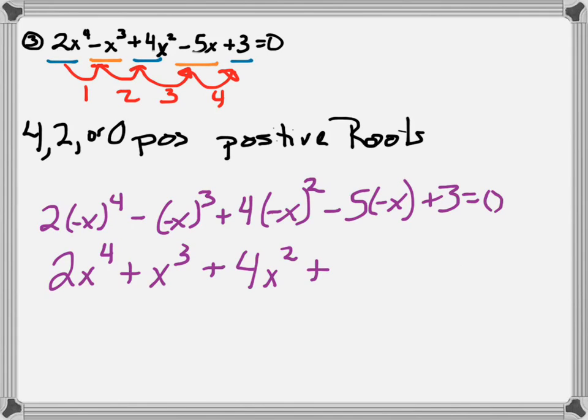It changes because it's an odd power. Because the exponent's odd. So we're looking at the exponents. When the exponent's even, it doesn't change it. When it's odd, it does. And the 3 doesn't have an x on it.